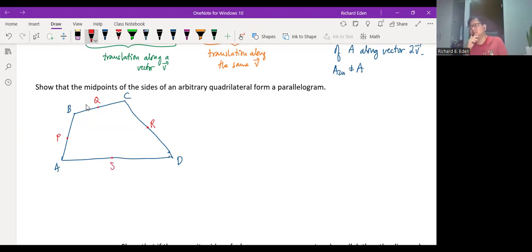S. Usually when you have midpoints, then there's a reflection that can be inserted into the discussion.